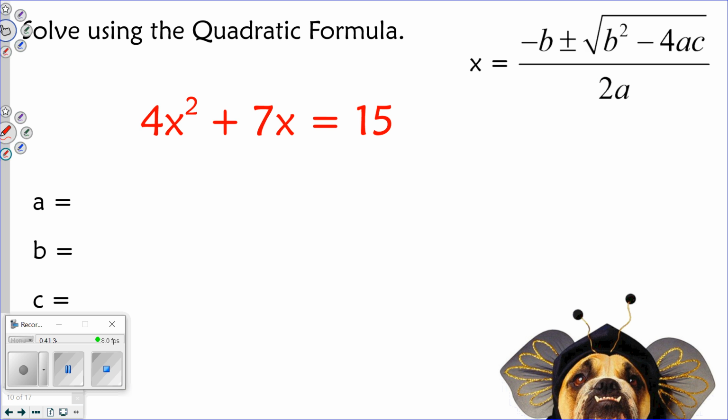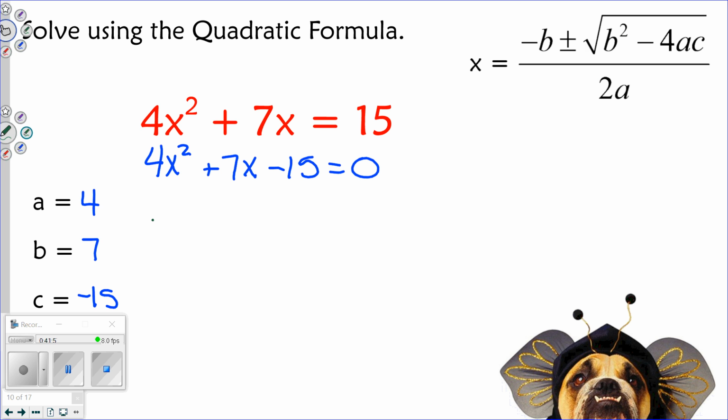All right, guys, I'm going to go ahead and get started on this one. I think a lot of you are finding out what to do with this one, which makes me very happy. So first thing is make sure that it is set equal to 0 before we start. So 4x squared plus 7x minus 15 equals 0. So my A value is 4, B is 7, C is negative 15.